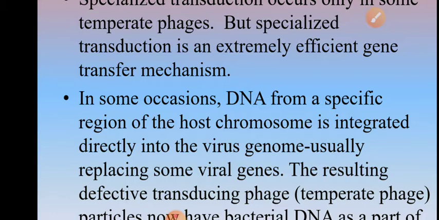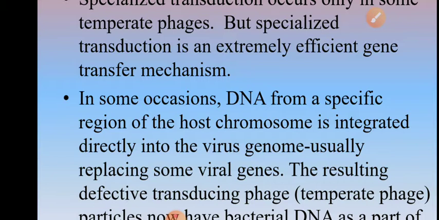When a bacteriophage infects its host, it releases its DNA, that means nucleic acid, inside the host. When the viral genome gets integrated inside the chromosomal genome of the bacteria, the viral DNA exists as prophage.